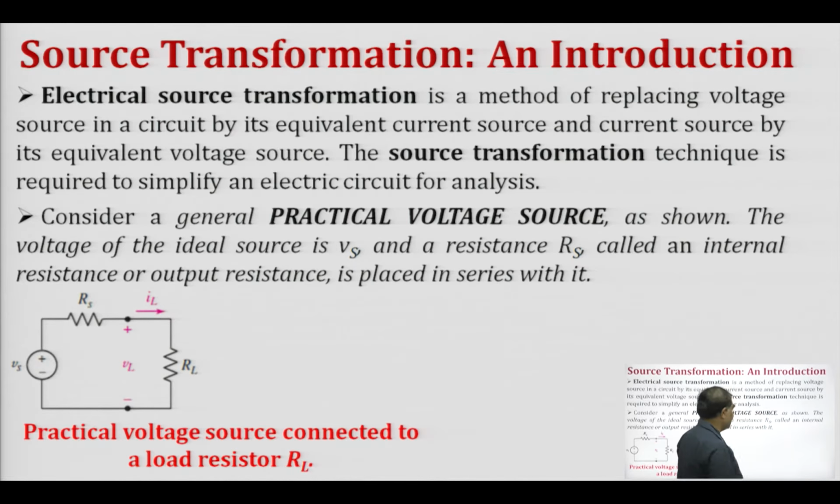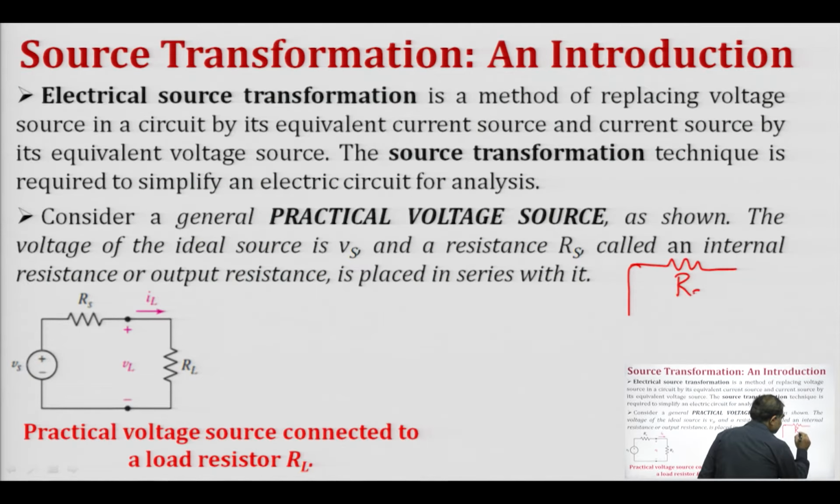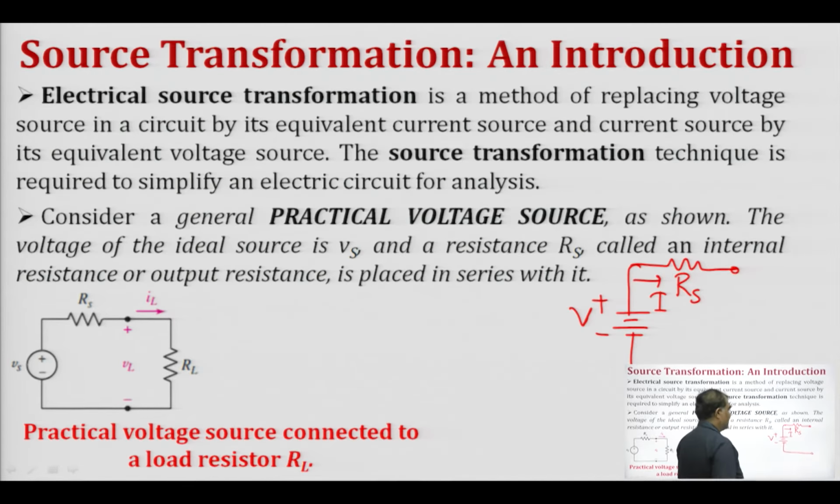Now, we have already studied that generally a voltage source is represented with some series resistance or internal resistance R s, in this manner.